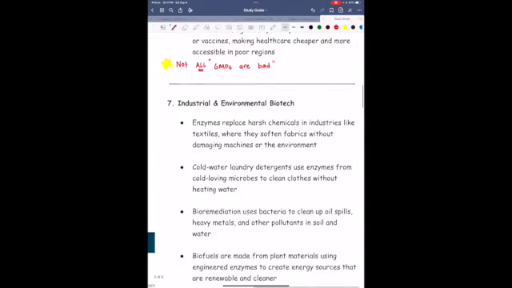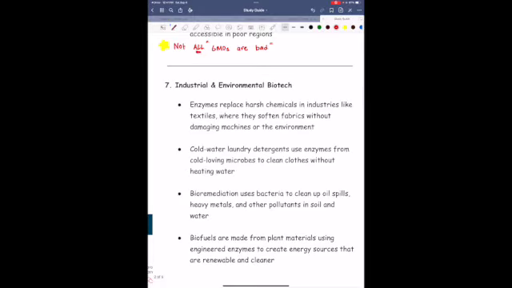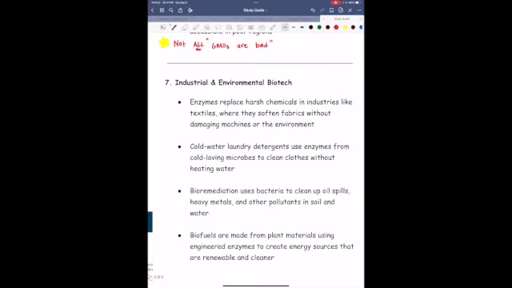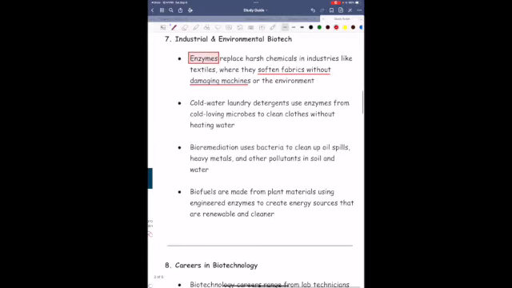All right. So industrial and environmental biotech. These are going to be things like enzymes. Once again, enzymes keep coming up. Enzymes replace harsh chemicals in textiles, which soften fabric without damaging machines. Think about stonewashed jeans: they used to be made with stones in the machine, which would wash the jeans to get that fade.